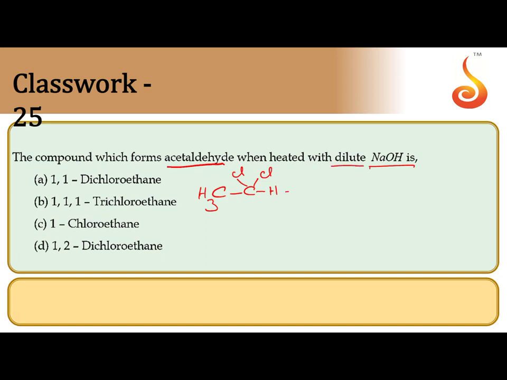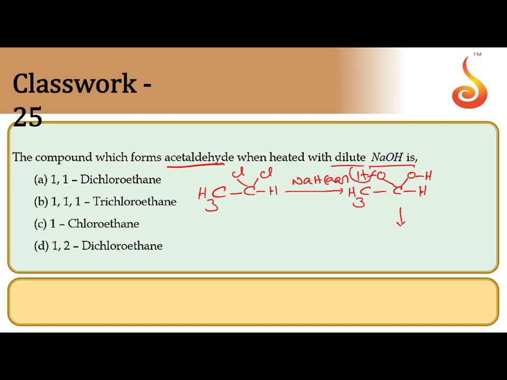Heated with dilute NaOH. During the heating with dilute NaOH, what happens? Nucleophilic substitution takes place. Two chlorines are replaced with two OH groups. A gem diol is obtained. This is a gem diol. Gem diols we know are highly unstable since two OH groups are on the same carbon.